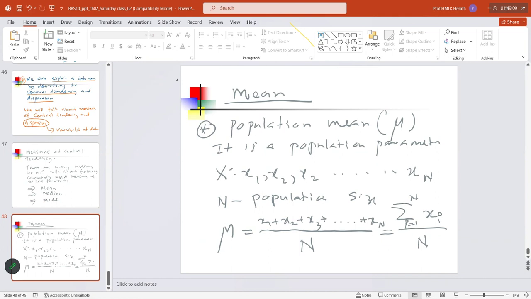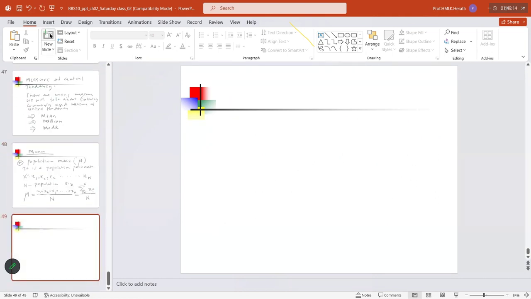And then we estimate the sample mean. The second thing that we talk about is the sample mean, which is called x bar.